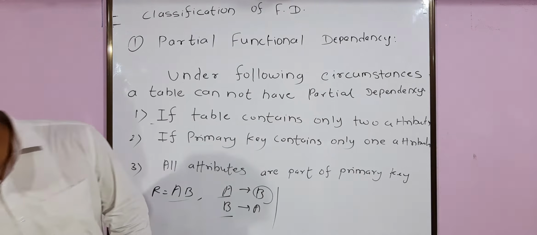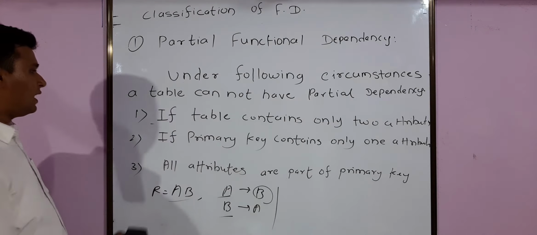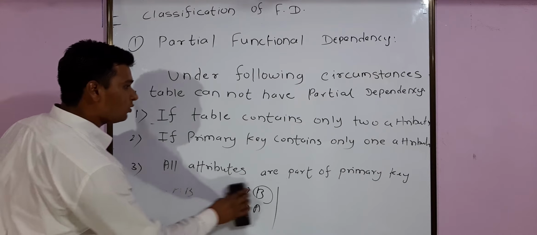Now consider the second case. In the second case, we will understand when the primary key contains only one attribute.